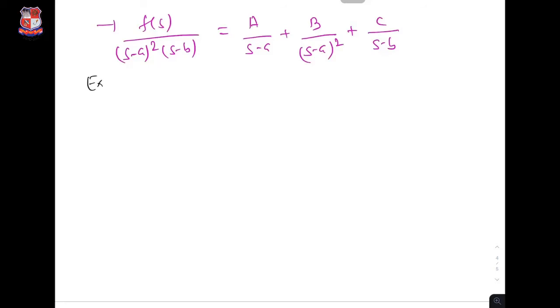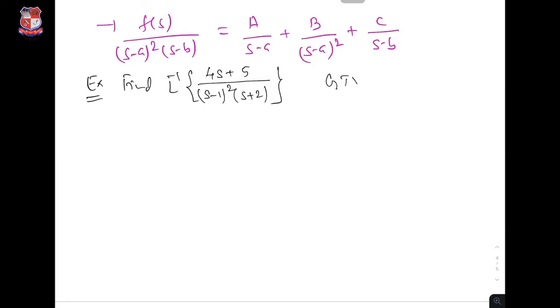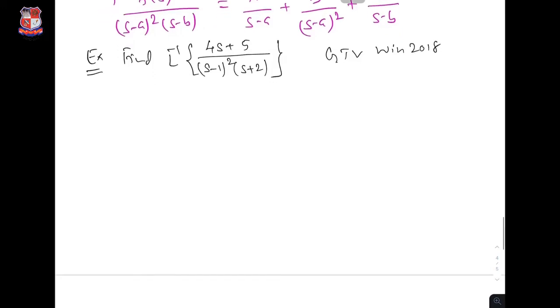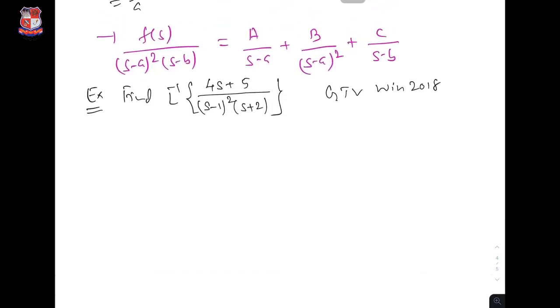So here let us take one example: find the inverse Laplace transform of (4s + 5) over (s − 1)²(s + 2). And this was asked in GTU winter 2018. So it is in this category.